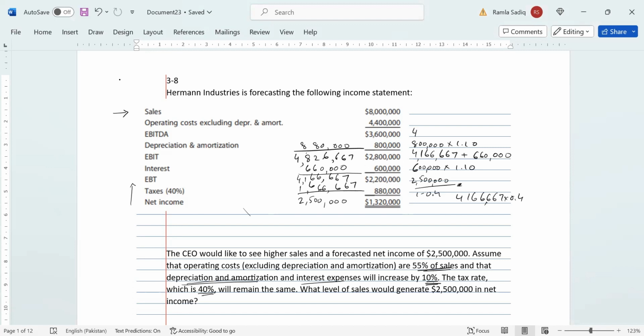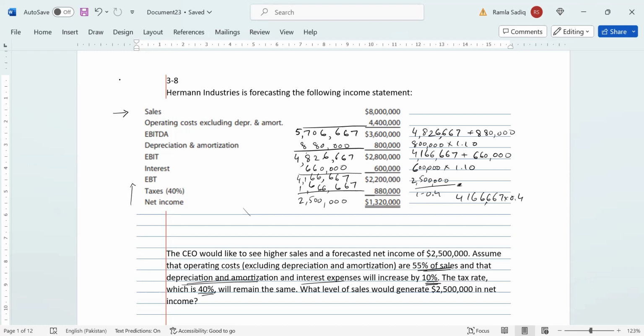So that's 4,826,667 plus 880,000. And when we plug that into a calculator, our EBITDA is going to be equal to 5,706,667.